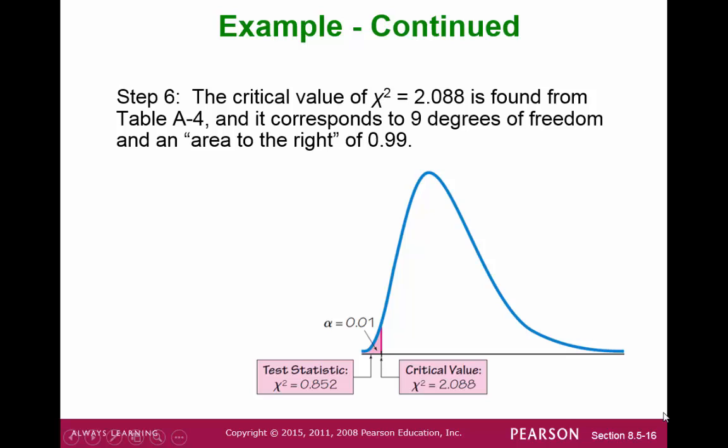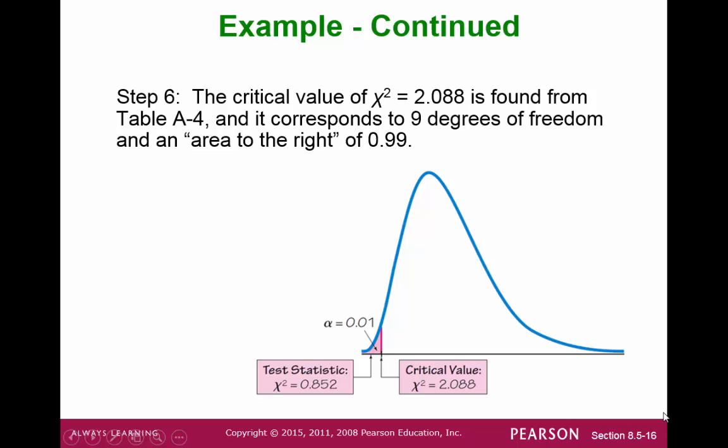Degrees of freedom of 9, alpha is 0.01, so this is a left tail test because sigma was less than 2.6, and so the area to the right is what we need to put into table A4, and since the area to the left is 0.01, the area to the right is 0.99.